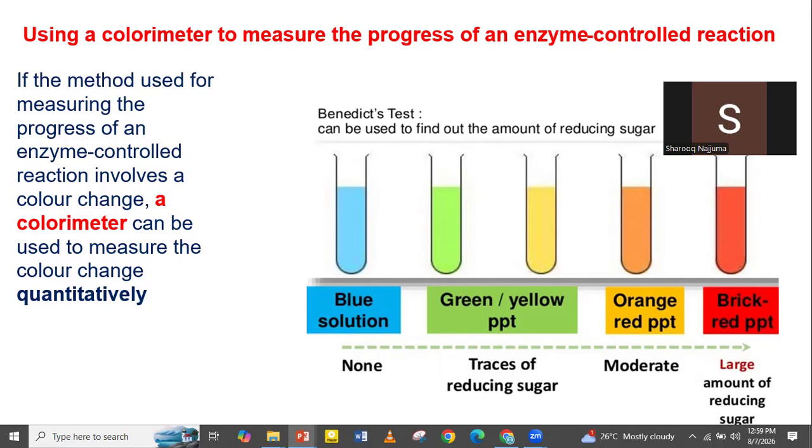How? The calorimeter is able to get that color change and measure it quantitatively. In other words, it's able to measure how much of the substance causing the color is there in a solution. Yes, that is how a calorimeter is going to be used.